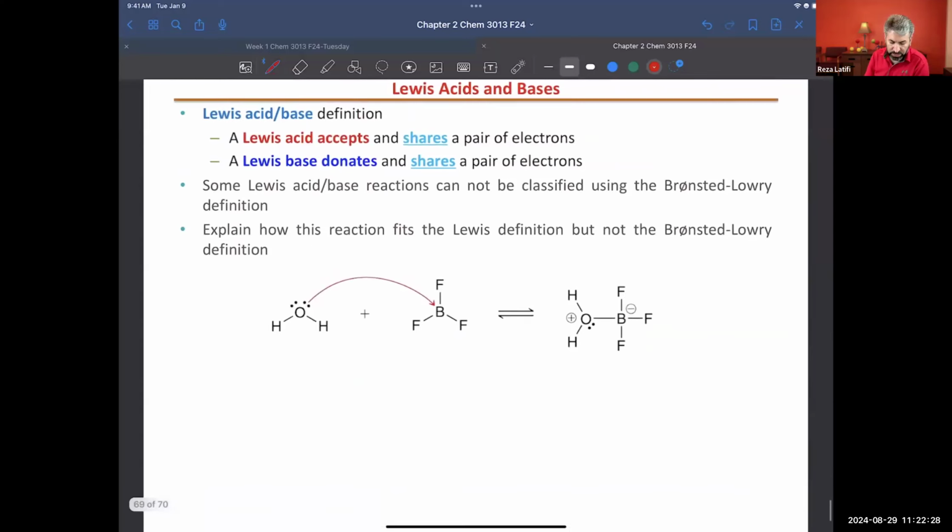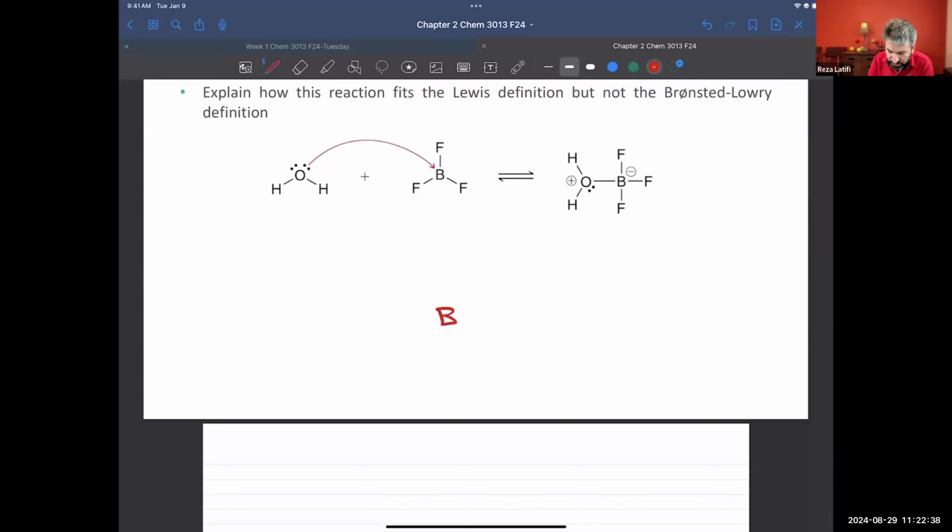Another example: water reacting with BF3. BF3 has an empty orbital. Remember, B is not an octet, while all the fluorines are octets. Each fluorine has 3 lone pairs. How do you make boron an octet? Share a lone pair from fluorine? That's going to cost you energy. Or how about this: we have an empty p orbital, a pz.